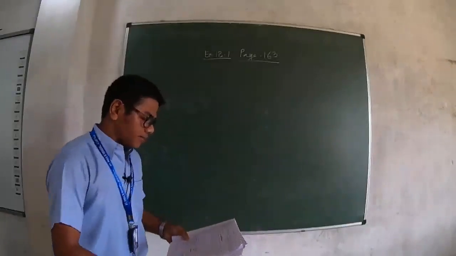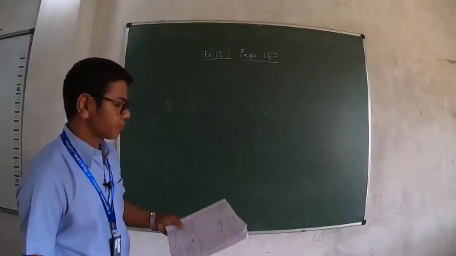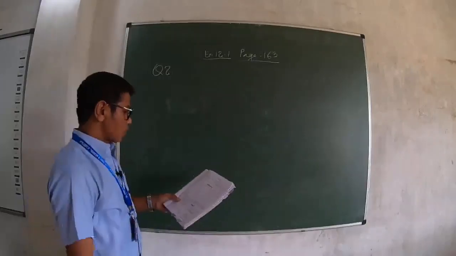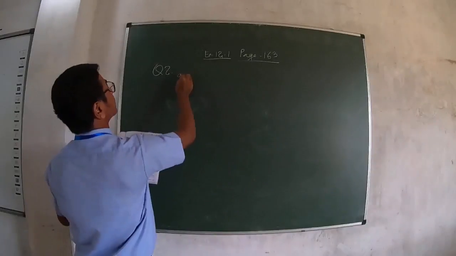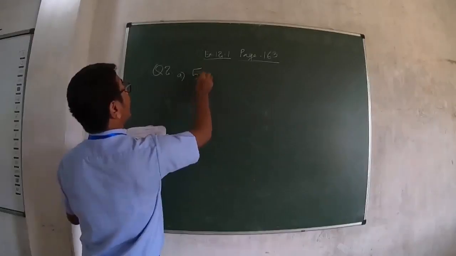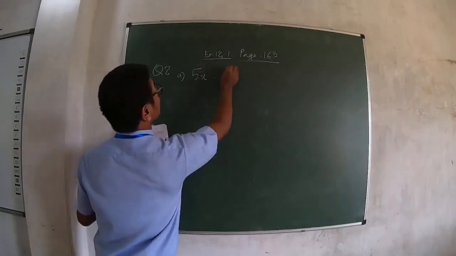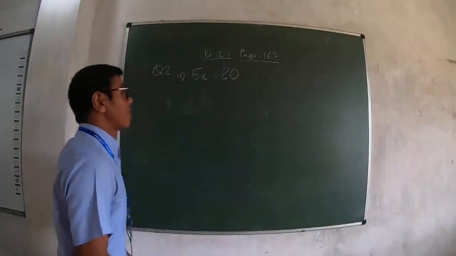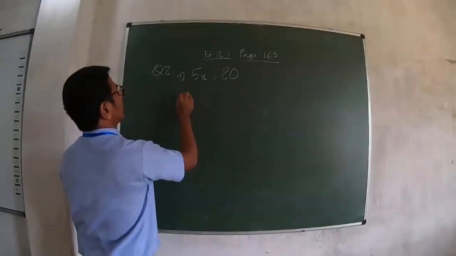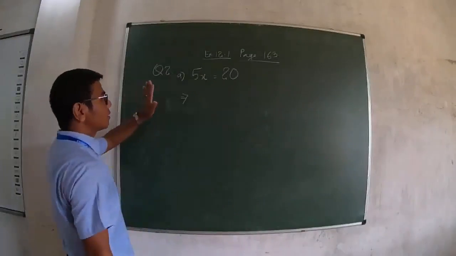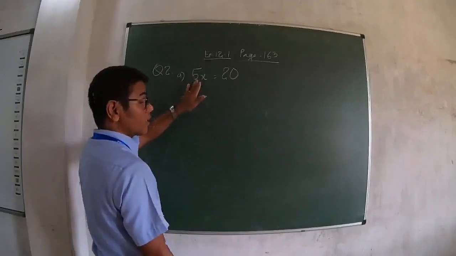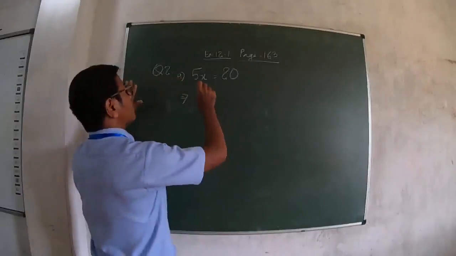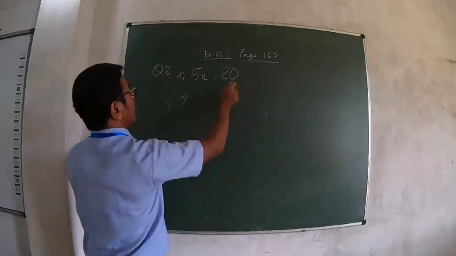Children, let us do question 2. Question 2. It says 5x equals to 20. I already said to you that x into 5 means when I multiply, it moves across.